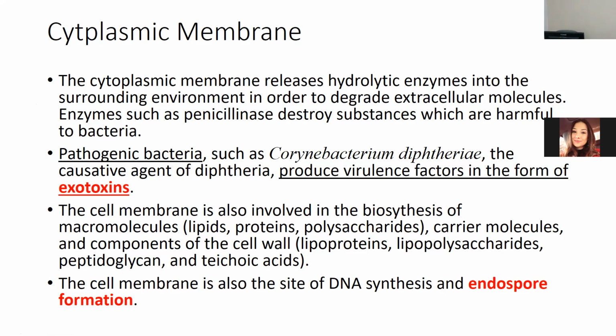The cell membrane is involved in the biosynthesis of some lipids, proteins, polysaccharides or sugars, and carrier molecules. The cell membrane is also the site of DNA synthesis and endospore formation. So there's some more about the cytoplasmic membrane for us to revisit later, okay? So this is kind of our intro to the membrane.